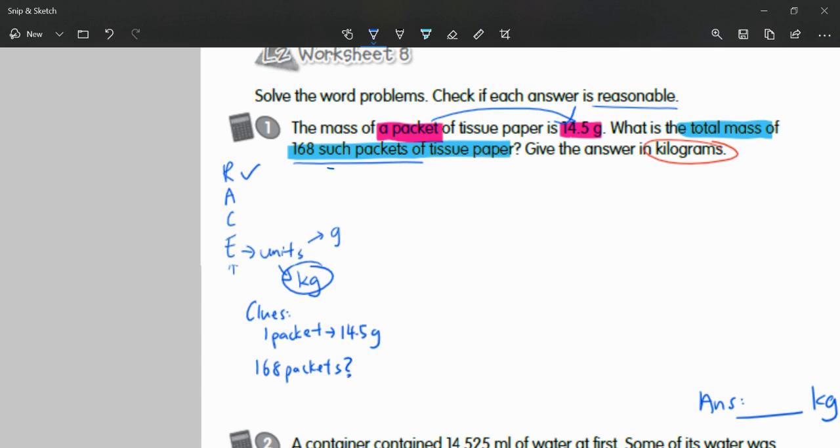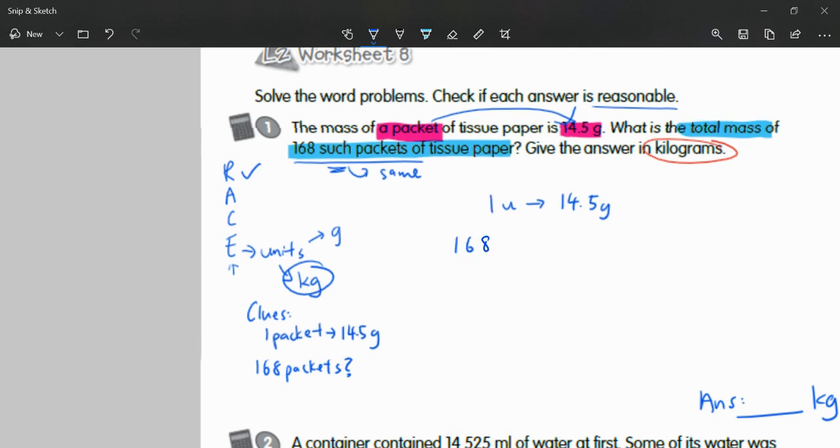Now, it says such packets, which means all packets are the same kind. You think of unitary. So I can use one packet as one unit. So 1 unit is 14.5 grams. I am asking for 168 units, that is packets of tissue paper.